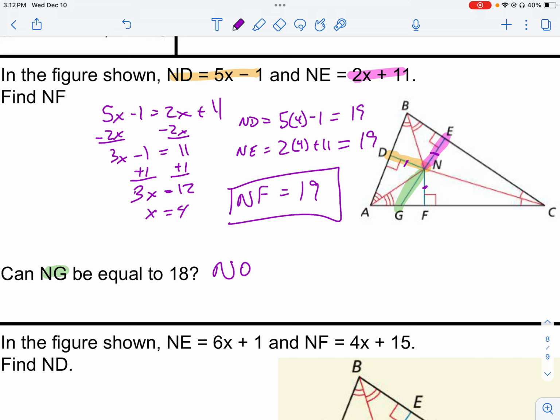So no. NG cannot be less than 19. It is not possible. The shortest distance is NF to line AC.